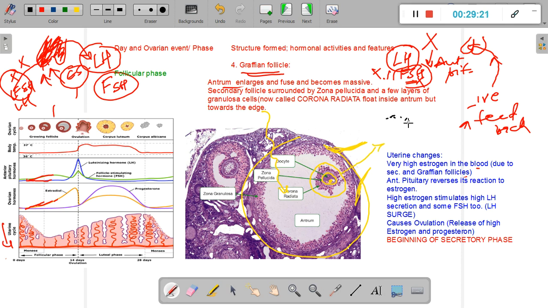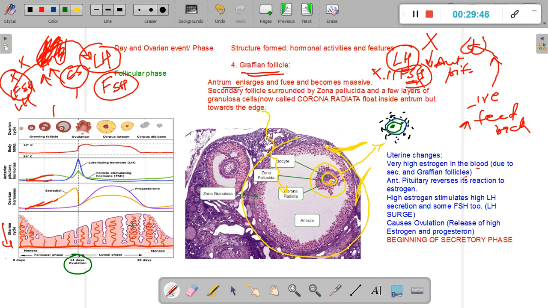So we have the corona radiata cells on the outside, and then the zona pellucida in blue, and then the secondary oocyte in green here, and then a polar body somewhere here. So this entire structure is now released, and this stage is called ovulation. And when does this happen? It happens on the 14th day.